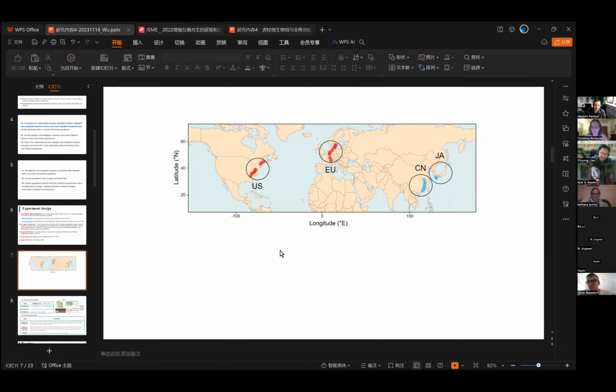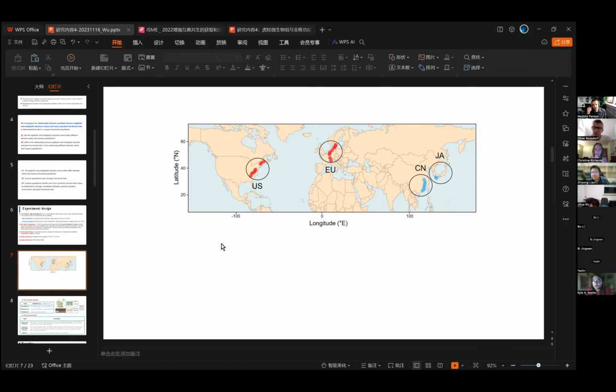You can make your PowerPoint file into a PDF to share with us. Okay, maybe after the meeting I will prepare the PDF for the videos for us. Okay, thank you so much. You can just put your PDF in the chat room.